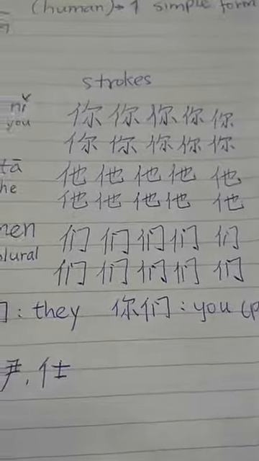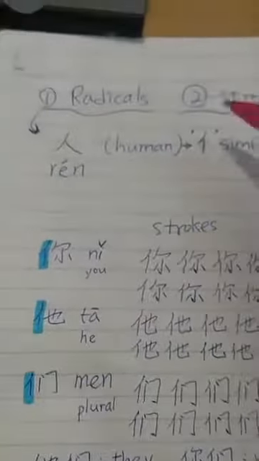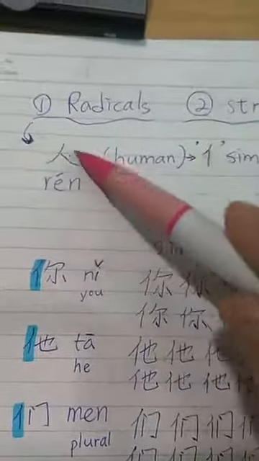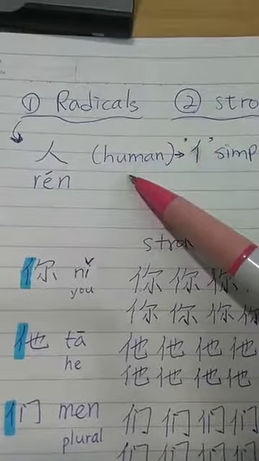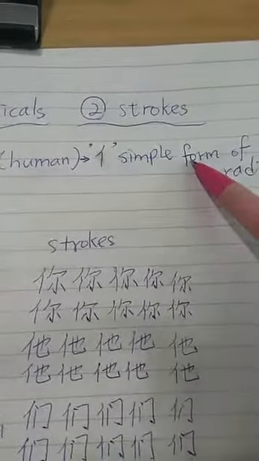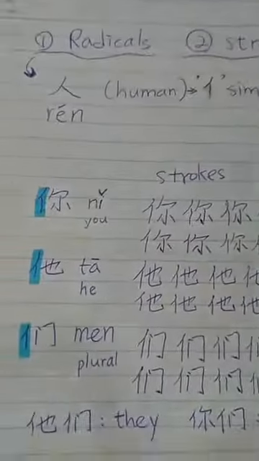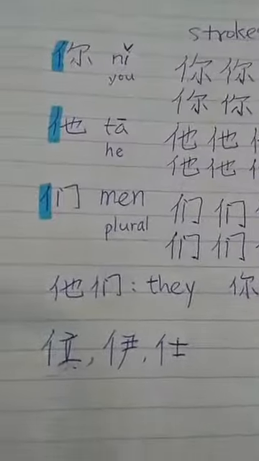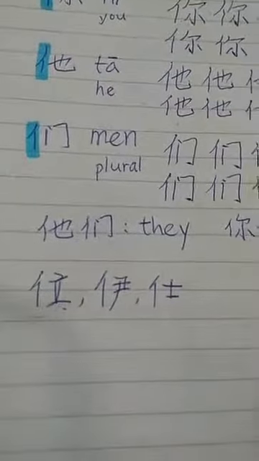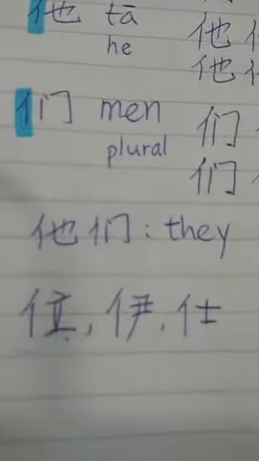Today our topic is the radical 人, which means human or people, and the simple form of it is like this. For example, I'll give you some words and you tell me what's the quality of the word, what's the personality of the word.